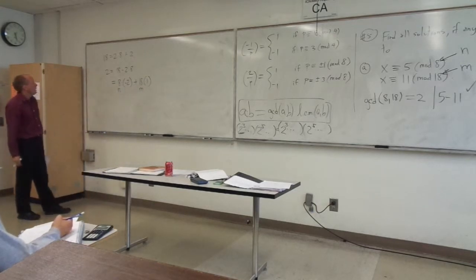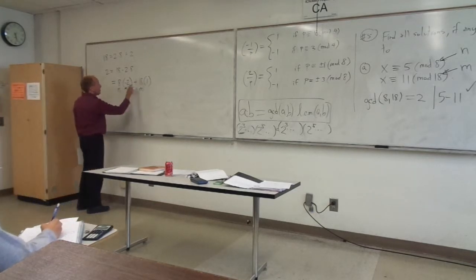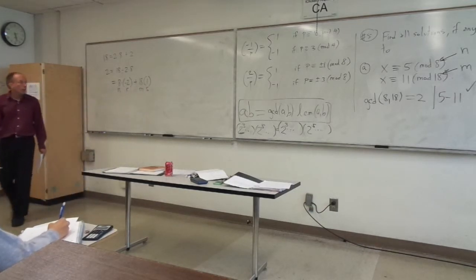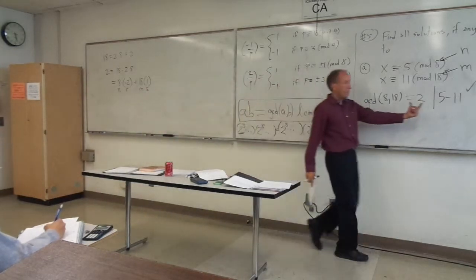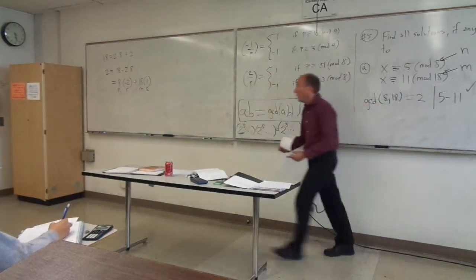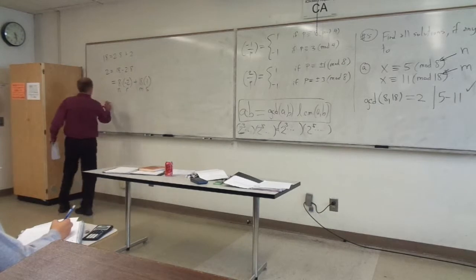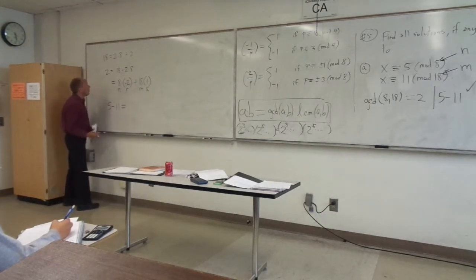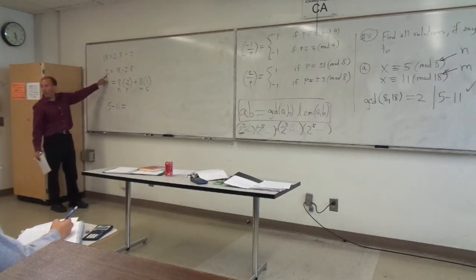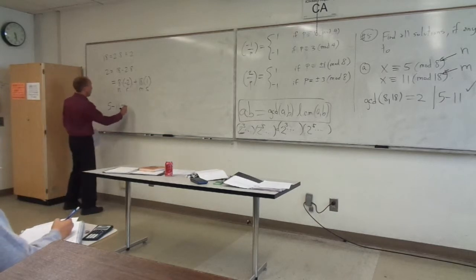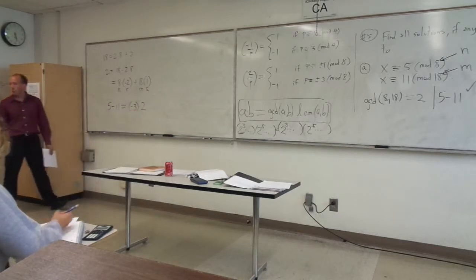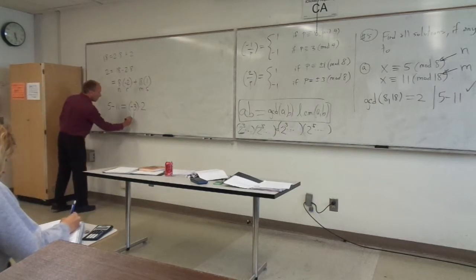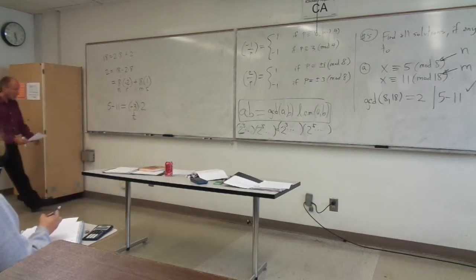And then we gave names to these variables here, which are r and s. And then we simply write a minus b, which is 5 minus 11, as a multiple of the GCD. In this case, that multiple would be negative 3 times the GCD, which is 2. And this number, the negative 3, is what we call t.